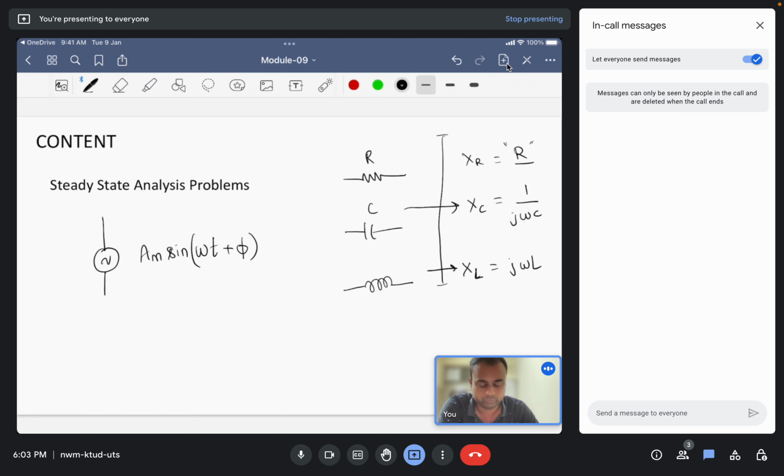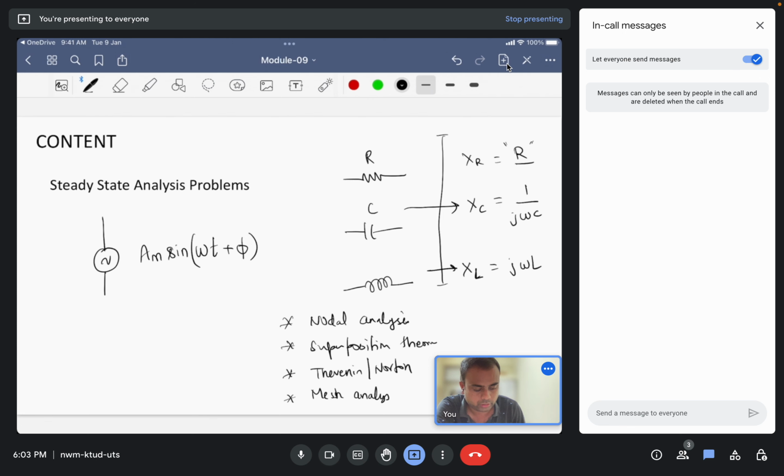Also all the network theorems, that is the nodal analysis, superposition theorem, then we have Thevenin's and Norton's theorem, similarly we have mesh analysis.